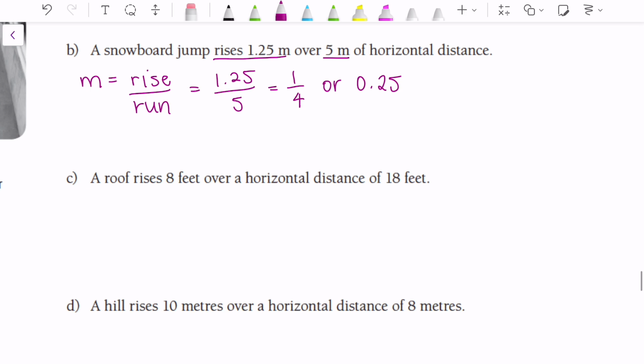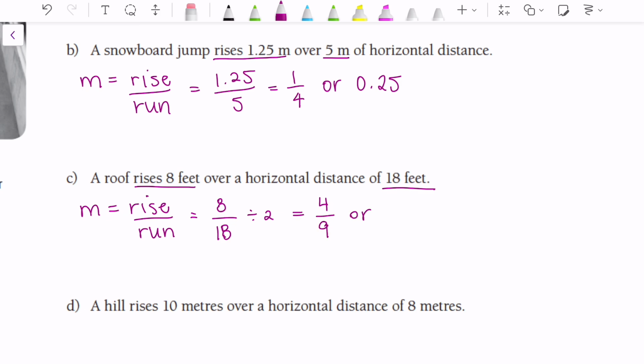A roof rises 8 feet over a horizontal distance of 18 feet. Okay, again, m equals rise over run. 8 over 18. This is divisible by 2 on both sides because they're both even. So we get 4 over 9, or 0.44.